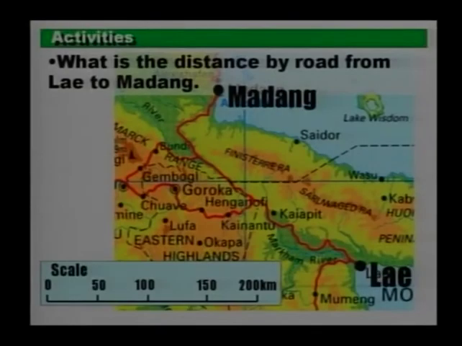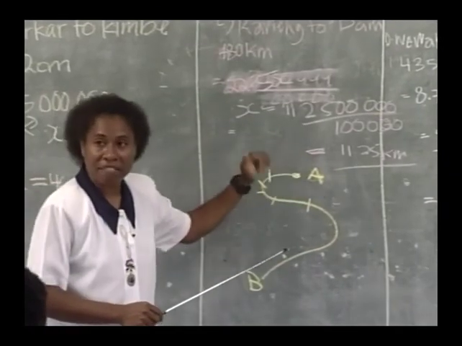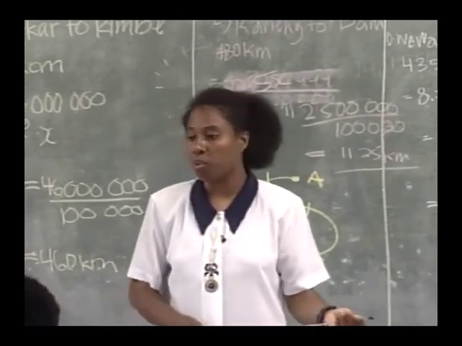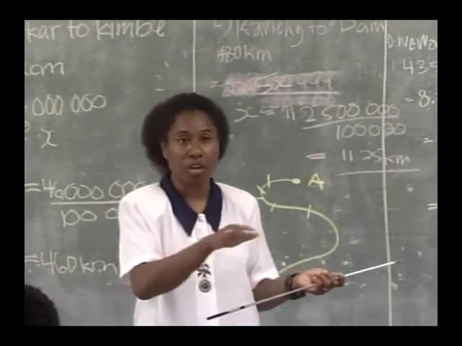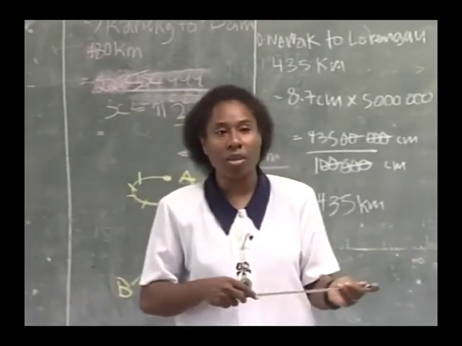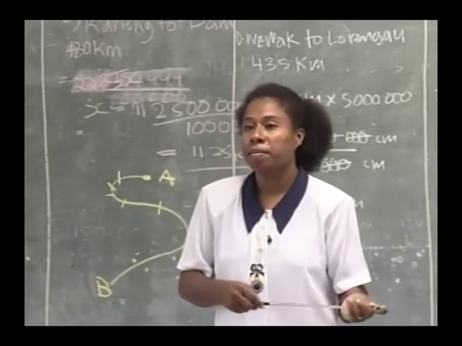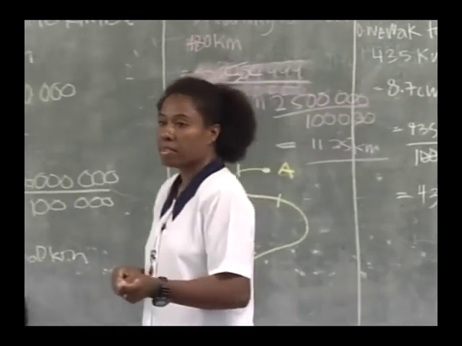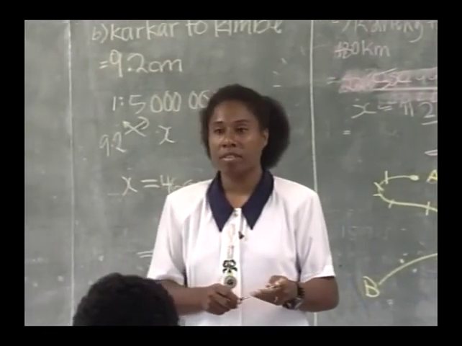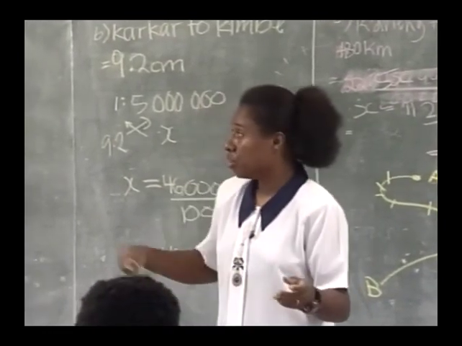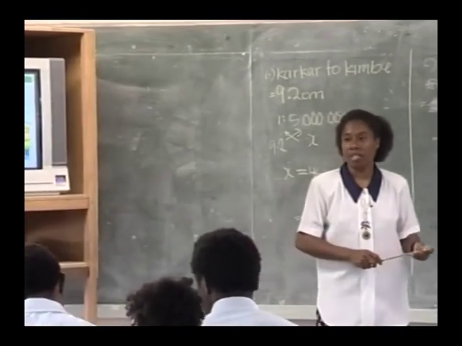Now that we know the distance on the map is 5.1 centimeters, we use the same calculation again. 5.1 multiplied by 5 million divided by 100,000. And what do we get as our answer for the distance on the ground? Now, we're not going to call out. We'll get someone to give us the answer for the distance by road now after we've done the calculation.